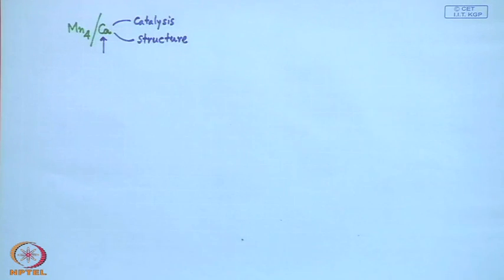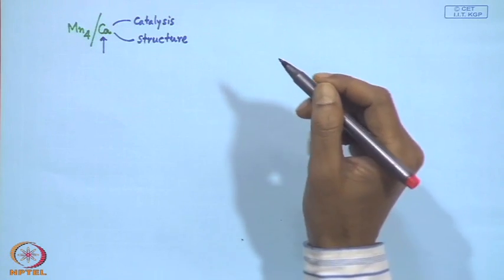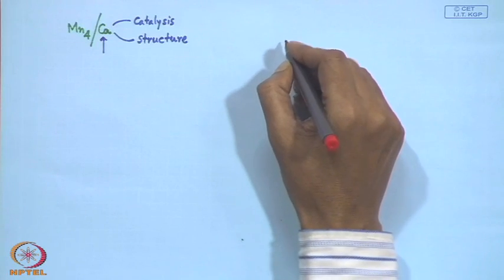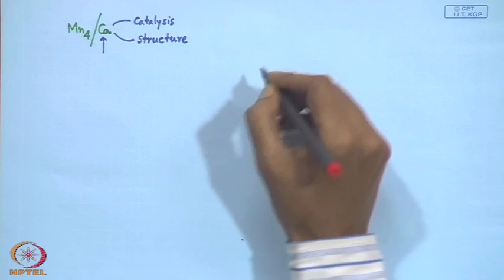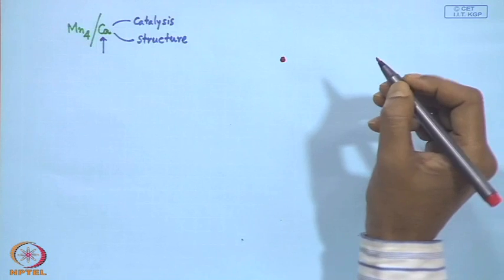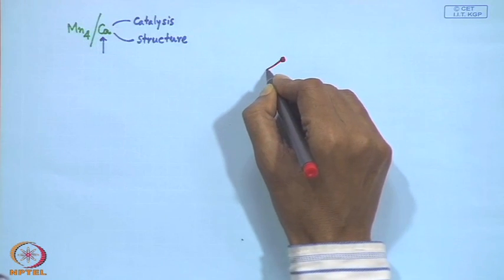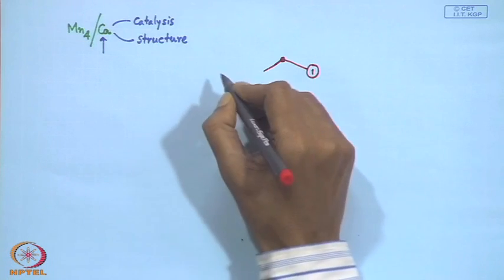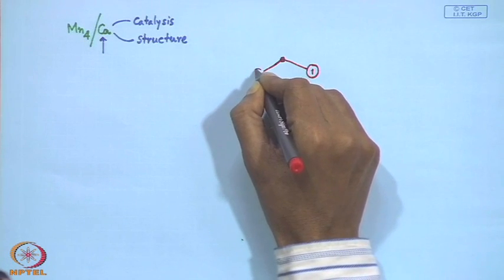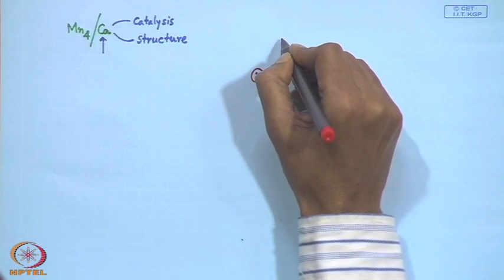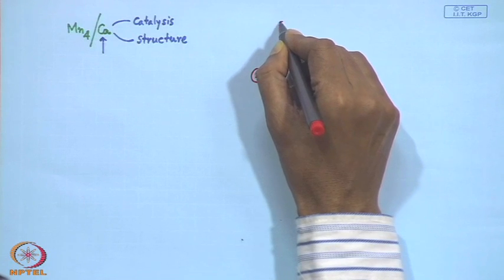That means, if you have a cubane type of structure, or cube like structure, it has something to play with that cubane structure. So, if we label all the 4 manganese centers around this one particular central oxide function, this is manganese 1, this is manganese 2, and the third one is manganese 3.